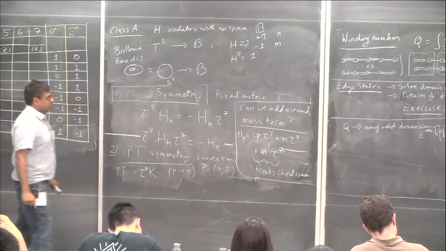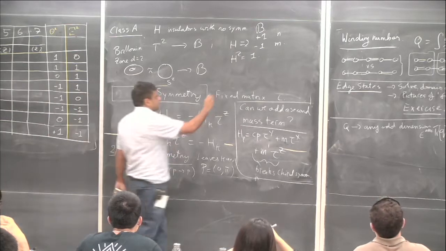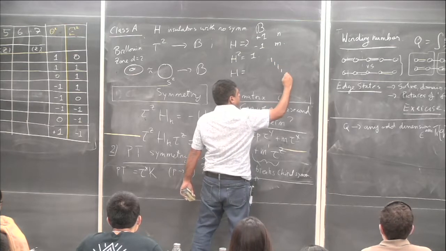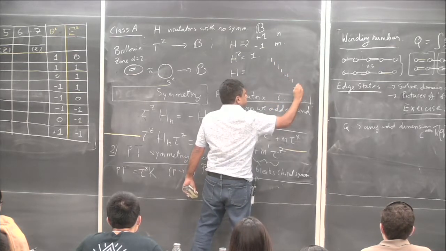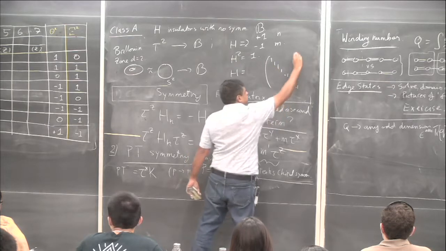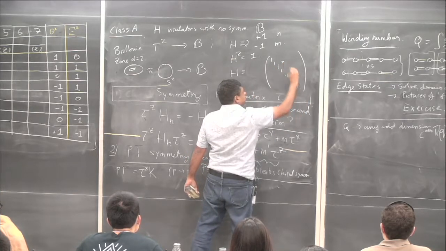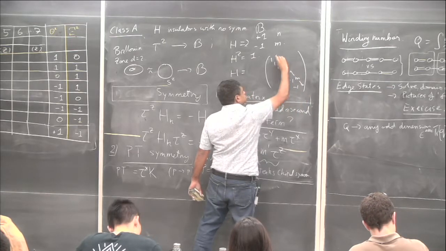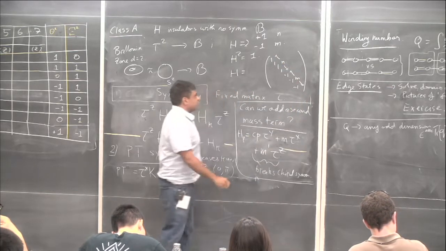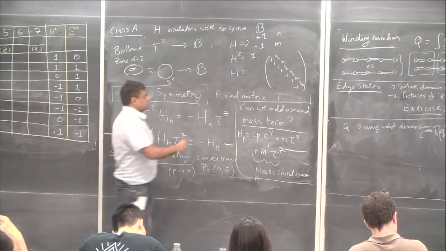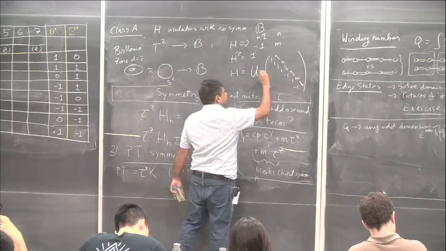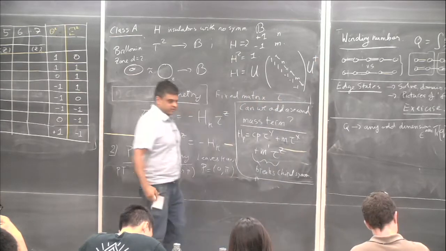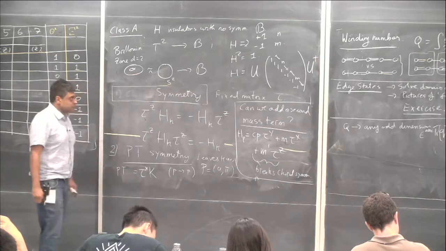Okay, so any such Hamiltonian you can write in terms of a reference. The reference Hamiltonian has all the eigenvalues 1 and -1, the right number of them, so n of them are 1 and m are -1. And then, of course, you're free to choose any unitary rotation of this. In other words, you're free to choose any vectors that correspond to these eigenvalues.